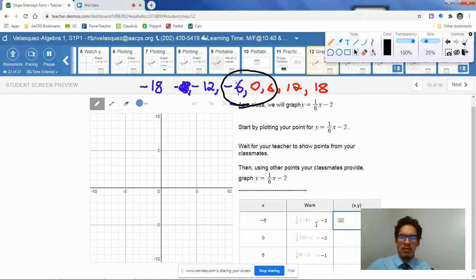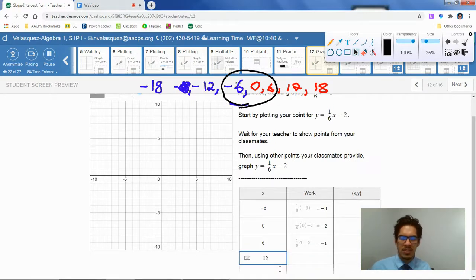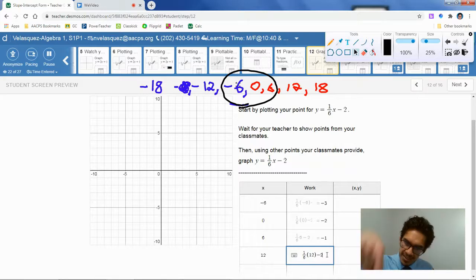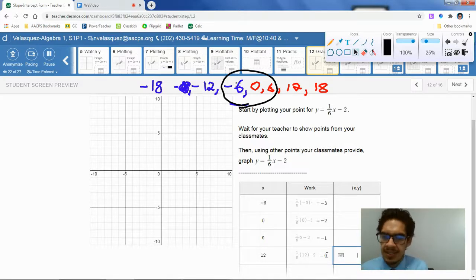Okay. So if you want to know how I use Desmos to get these numbers, as you are typing in your function, like for instance, let's say I want to plug in 12. As I type my fraction along with the number I want to plug in, as soon as you are done with typing your function, you then push the enter key. That brings my cursor over to the next box, and then it does the calculation for me.